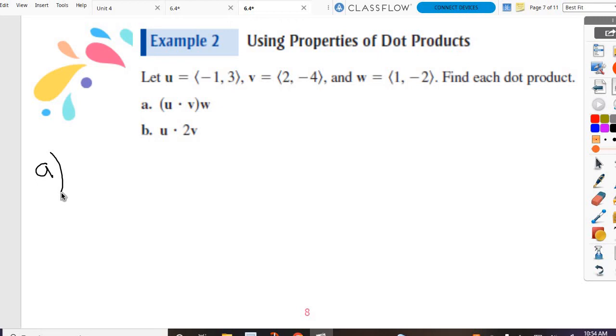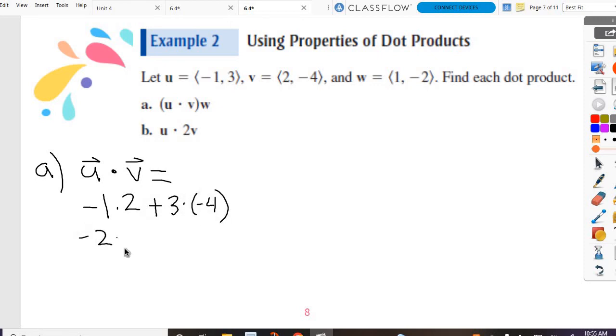So here I want to do my U dot V first. What are my X components? -1 and 2. And then I'm going to add 3 times -4.